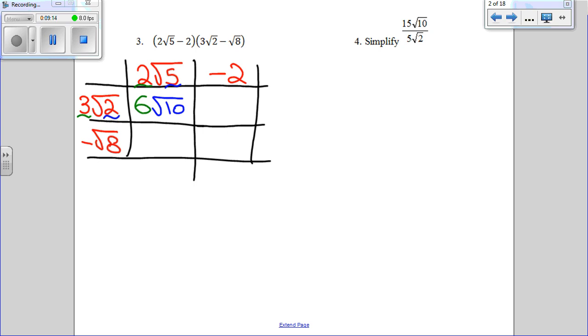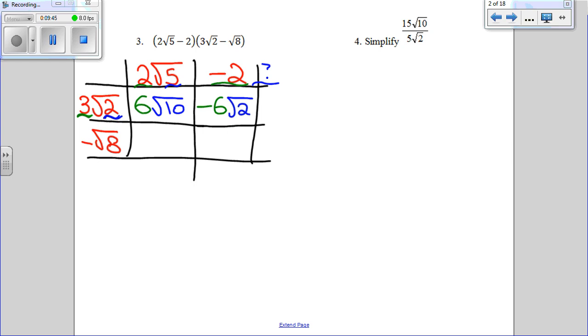Next one. We go numbers with numbers. 3 times negative 2 would be negative 6. And you do radicands with radicands. I have a root 2 on this one. I have no radicand on the other one. So that means it's like doing root 2 times 1, which would just be root 2. If there's no radicand to multiply by, you're just multiplying by a 1.